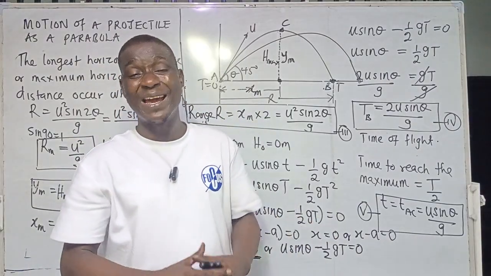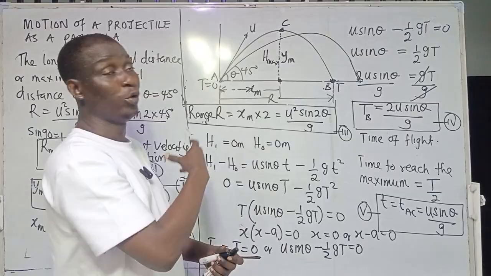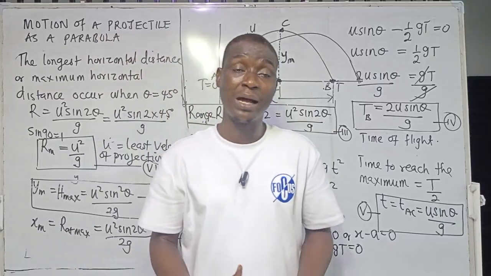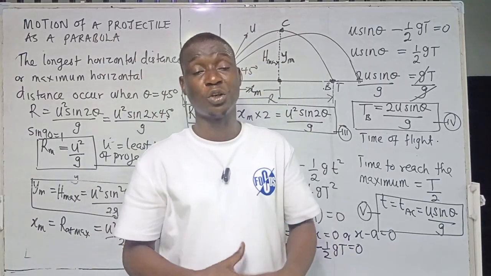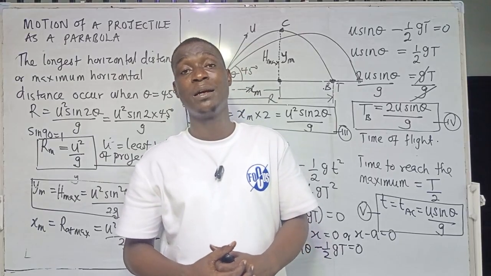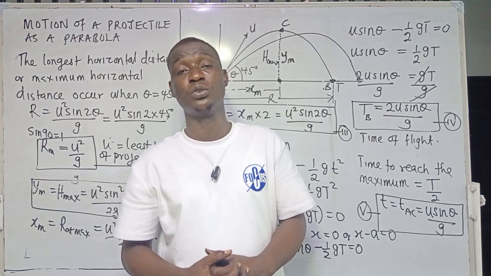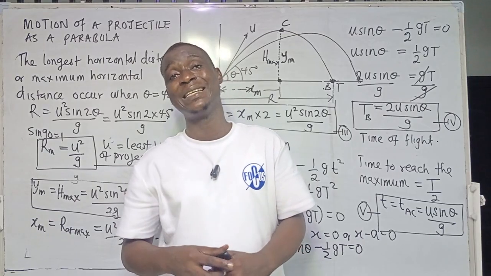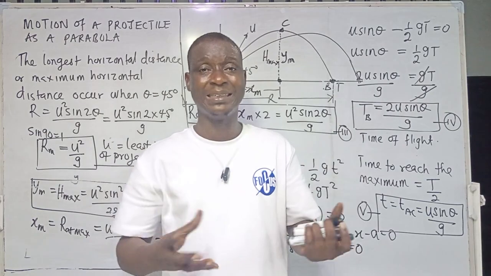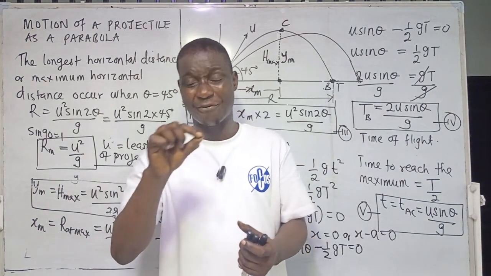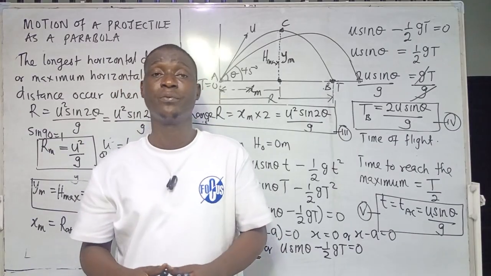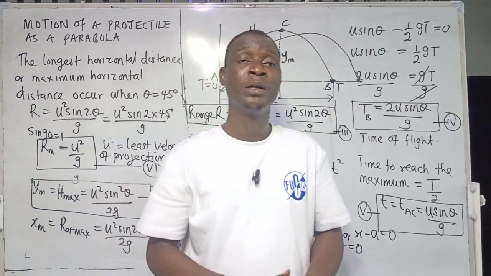As an A-level student, you will require that equation to know the latus rectum of a parabola and how the equation is gotten, and know your formula: minus 2u squared cos squared theta over G. The minus sign indicates that it is a parabola, and from that formula of the parabola, you can get the latus rectum, which is 4a.